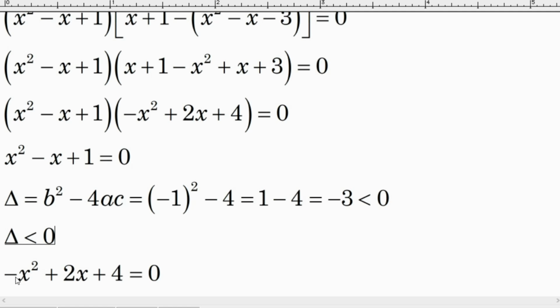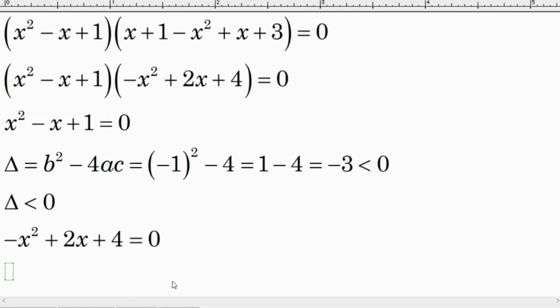Now we're going to find the values of x for this quadratic. We can use delta again. Delta is equal to b squared minus 4ac.